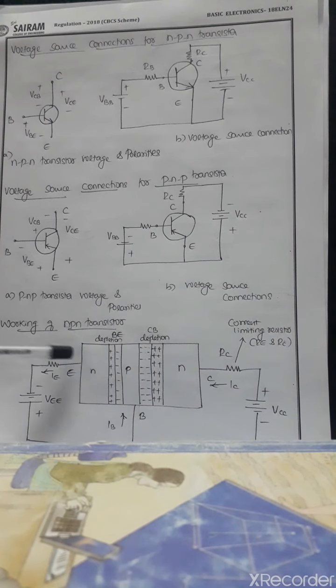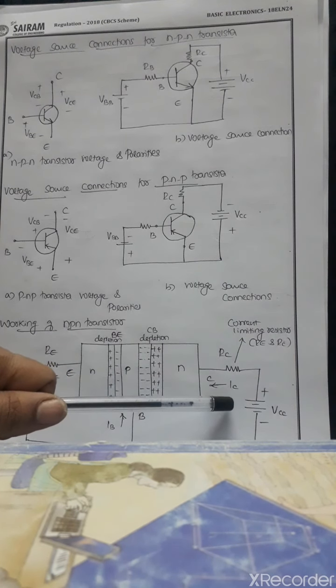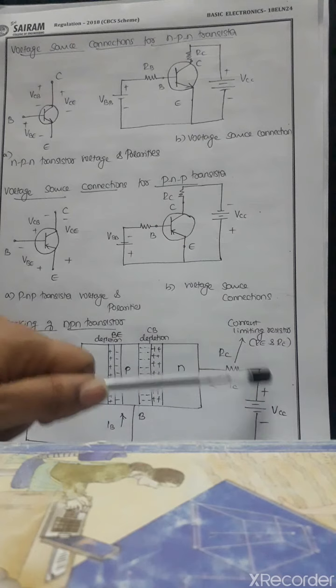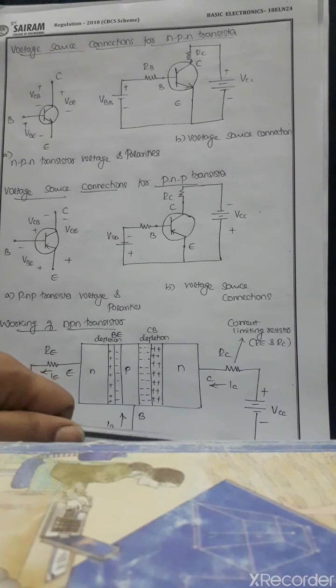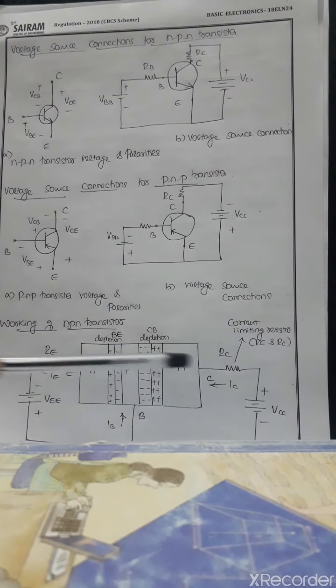Forward bias means N has to be connected to the negative of the battery and P has to be connected to the positive of the battery. Whereas the output junction, that is the collector and the base, has to be under reverse bias. So N has to be connected to the positive and this P has to be connected to the negative with the help of this VCC supply voltage.